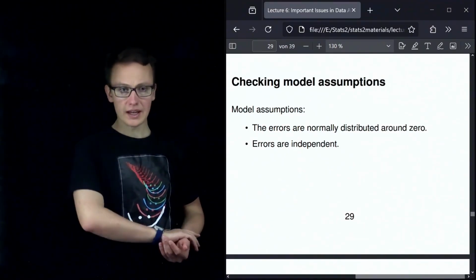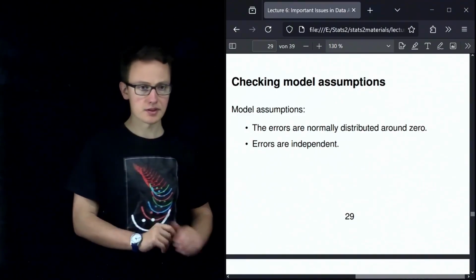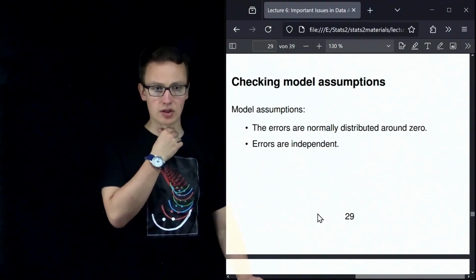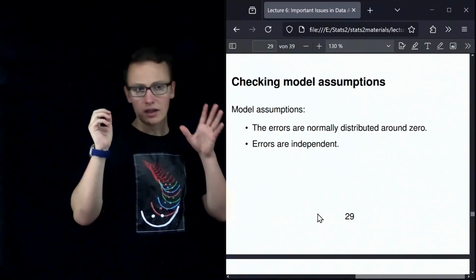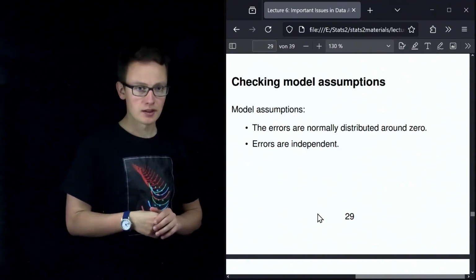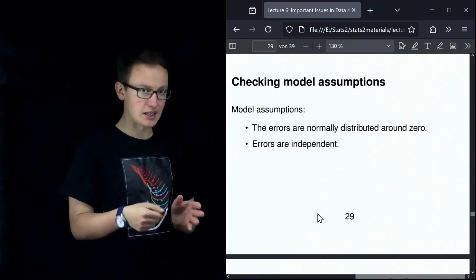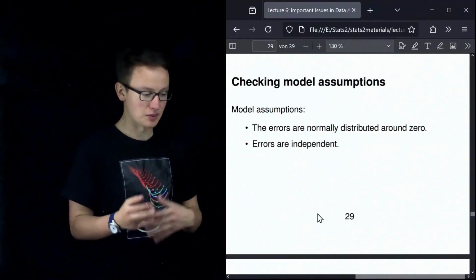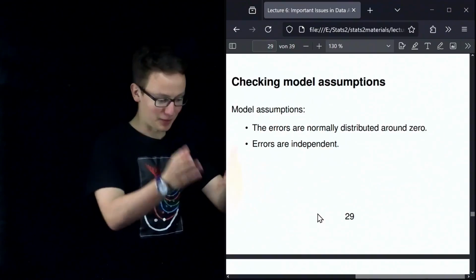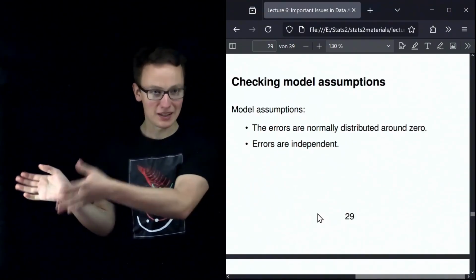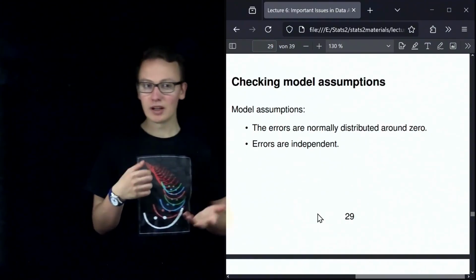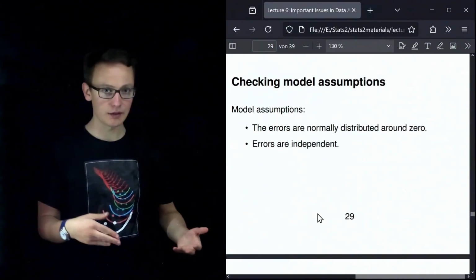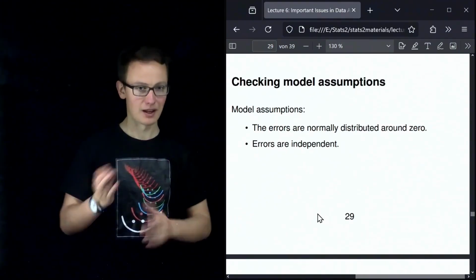Okay, so the next and last chapter of this lecture is about checking model assumptions. When you run a linear model, there are certain assumptions that you implicitly make when you apply the linear model framework to some data, and your results are only really valid, or only really make sense, if your assumptions are met, or roughly met.